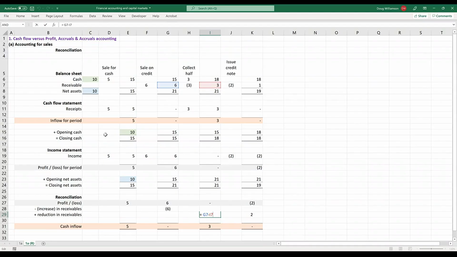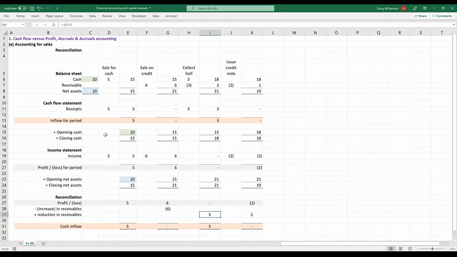There's items in income that are not in cash flow. That's the wrong way around. There are items in the cash flow statement that are not in the income. Applaud my error. As you can see, you need to be careful what you're saying.